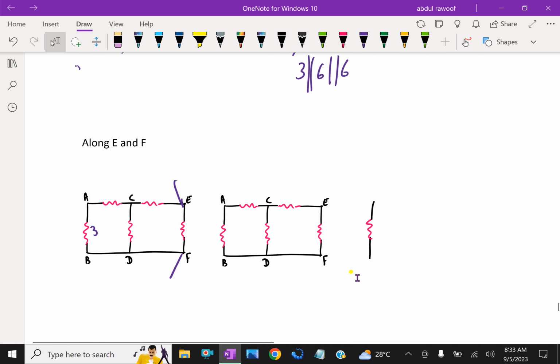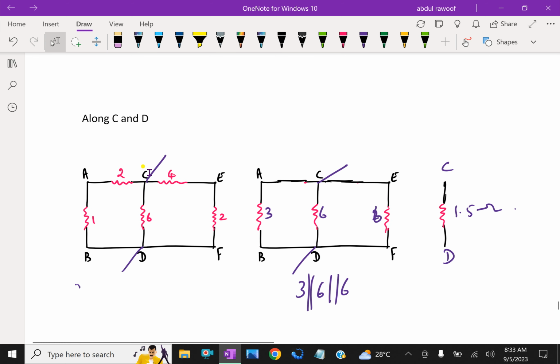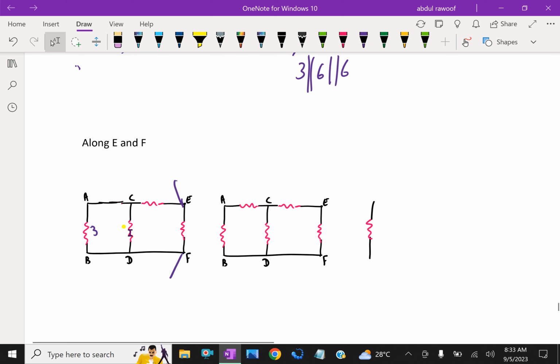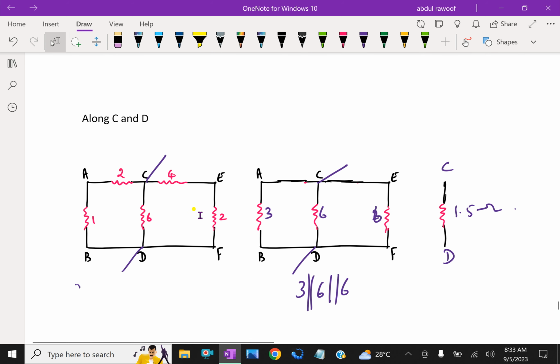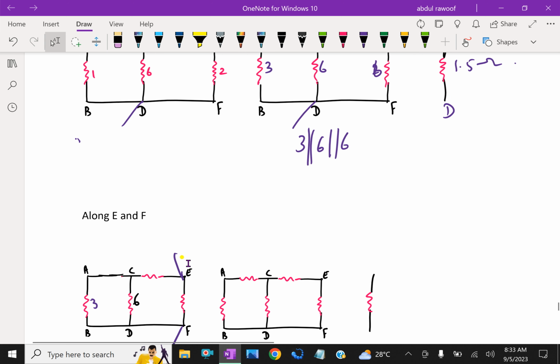First, 1 and 2 is 3, and here 6 is already given because 4 and 2 is 6.